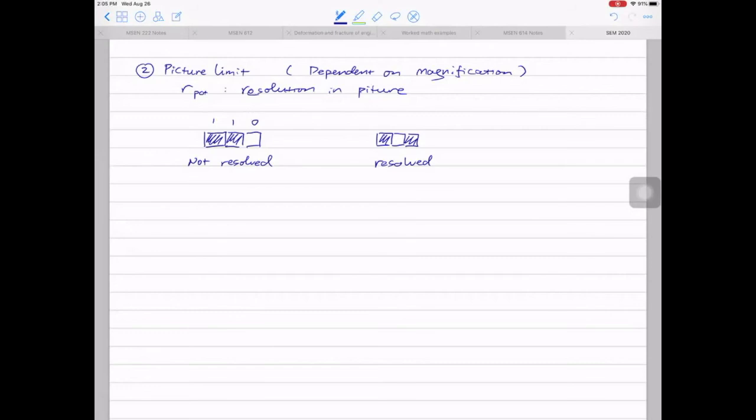Let's do something similar to what we did with the fundamental resolution. So we know the picture resolution needs twice the distance. So it's 2 times the pixel size. That's the picture resolution.